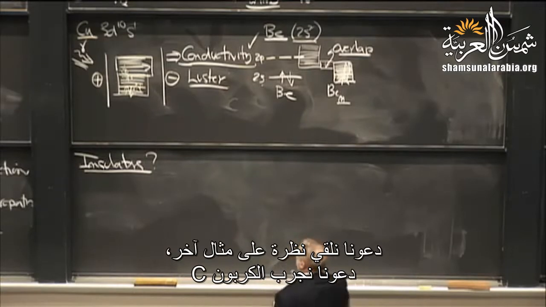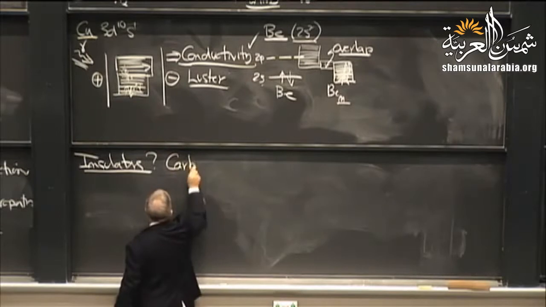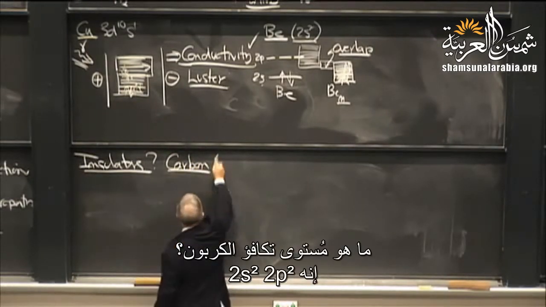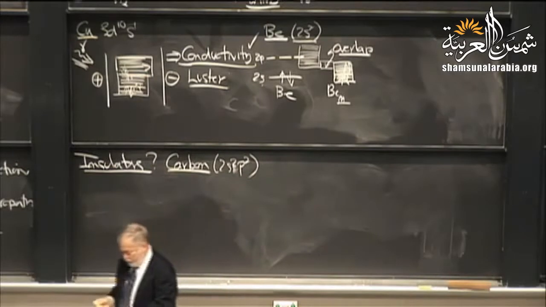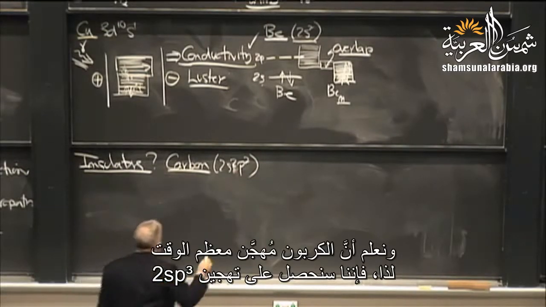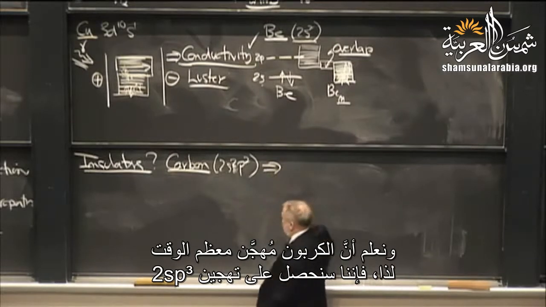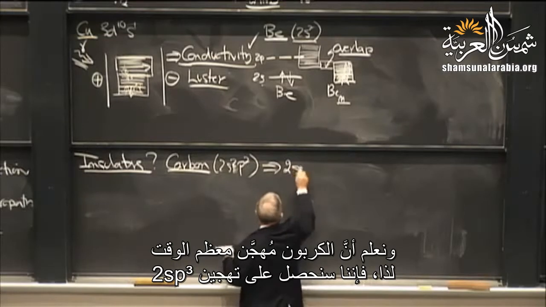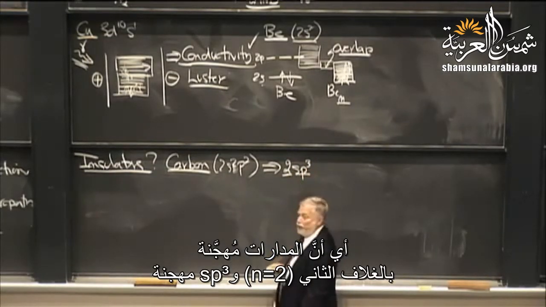Well, let's take a look at another example, and let's try carbon. We know carbon is 2s2 2p2, and we know that most of the time carbon will hybridize, so we'll end up with n equals 2, sp3 hybridized.